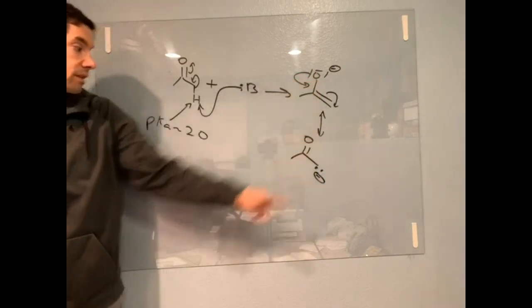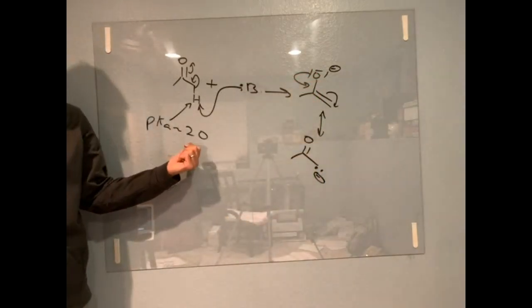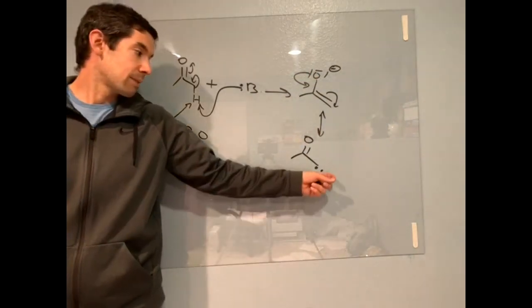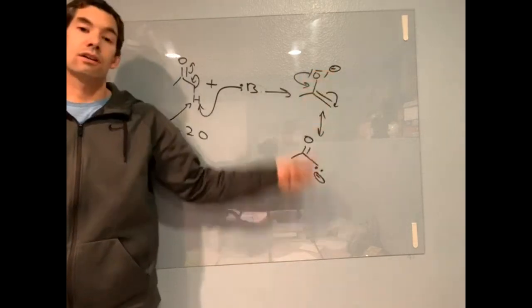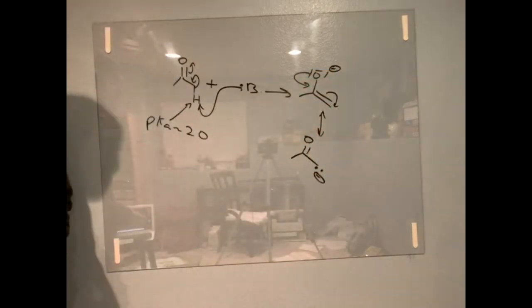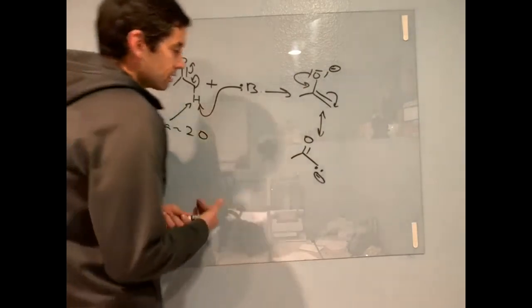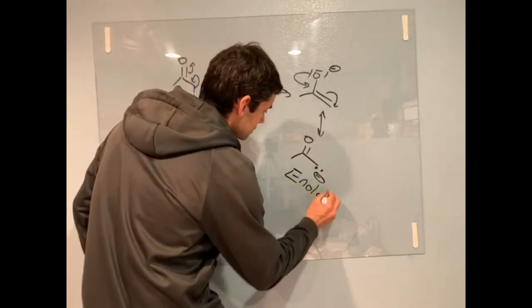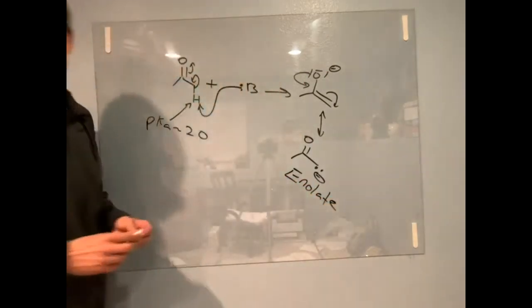Over both places. That's why we see the pKa value is a little bit lower, because that negative charge is slightly stabilized, right? Stabilized by being sometimes on carbon, sometimes on the oxygen here, right? It's delocalized over multiple atoms. And this right here is going to be our enolate. Okay, that's going to be our enolate, right?